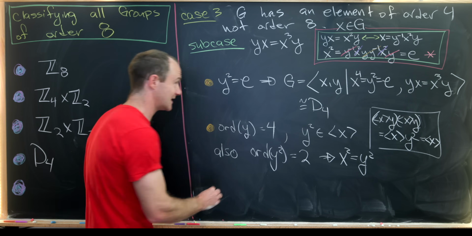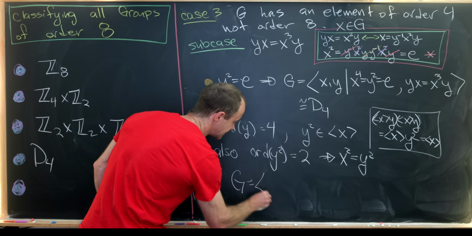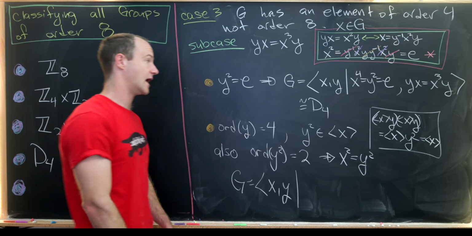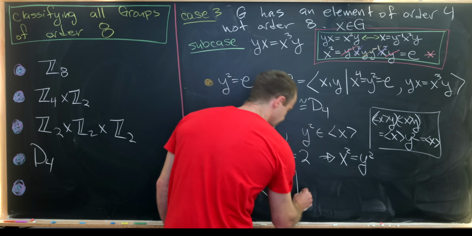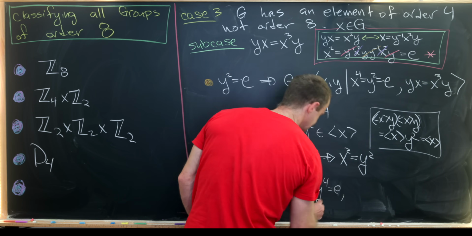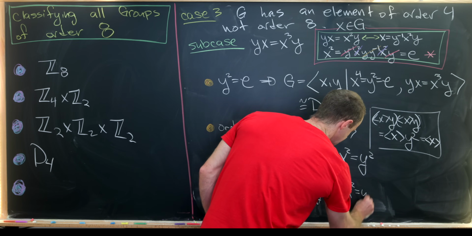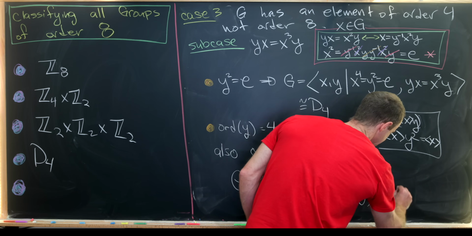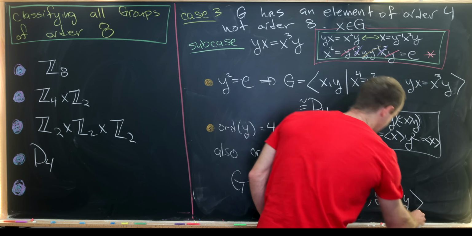And that gives us a presentation for G. So G is now generated by x and y. And it has the following rules. So x to the fourth is the same thing as y to the fourth, which is the identity. x squared is the same thing as y squared. And then finally, yx is the same thing as x cubed y.